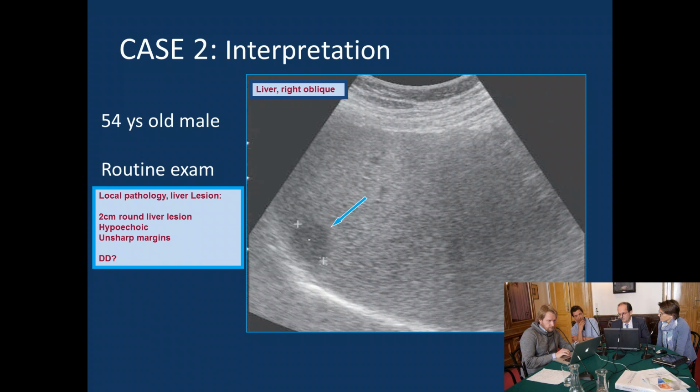Of course. What do you think, Martina, what would you think about an abscess? I just wanted to say, in fact, a cyst is a suggestion of an abscess, and of course a liver abscess can look like this. Probably you see more edema around the lesion, which I cannot see in this specific case, but you have also a hypoechoic lesion with unsharp margins.